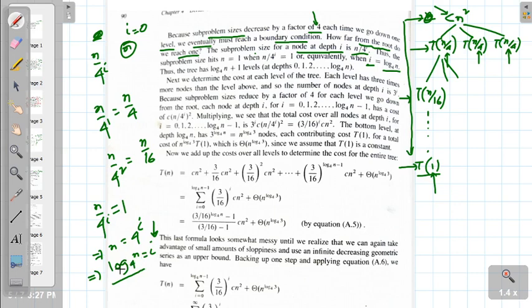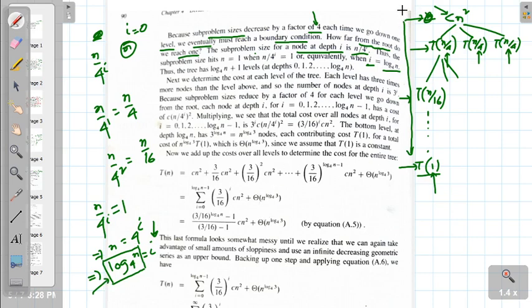So at this leaf level, what is the i value? Log n base 4. That means the height of this tree is becoming this. And another thing, how many levels are we having?